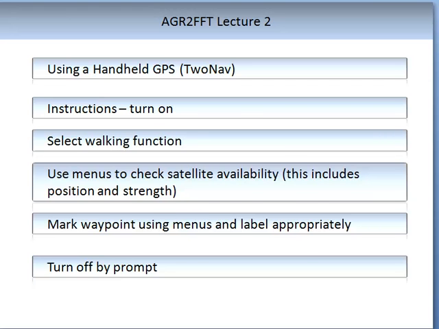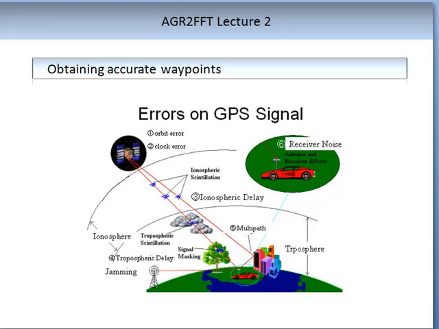The image on the slide illustrates some of the common errors that can occur to a GPS signal. These include orbit error and clock error. Both of these errors occur on the satellite. The next 2 errors occur due to delays between the signal being sent from the satellite to the GPS unit.